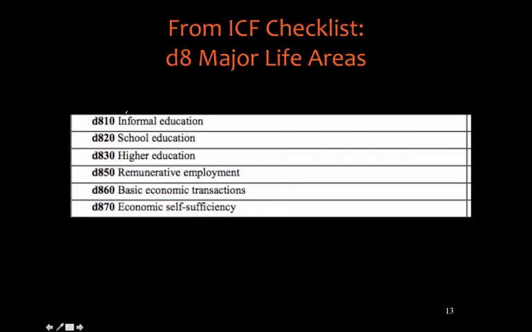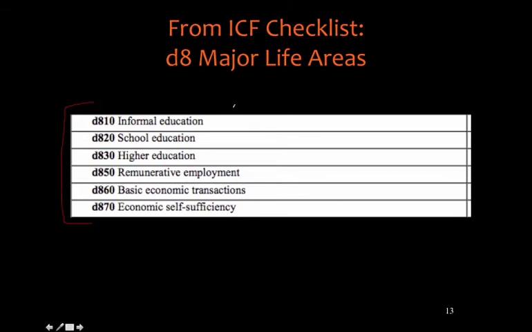It's nothing earth-shaking here, honestly, but this is the contemporary organization, so to speak. Other major life areas listed in this portion of the checklist include education. I had said to you in an earlier slide set that hearing impairment causes a sequential problem in education and then employment.